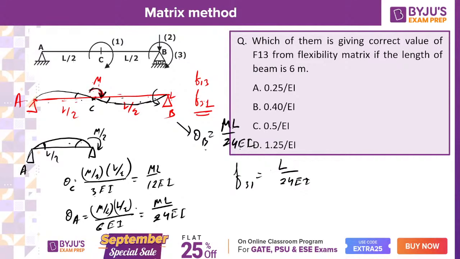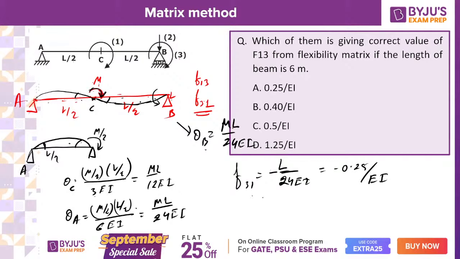Minus is already there, because the coordinate direction is given clockwise and you are getting the anti-clockwise rotation here. If L is 6, 1 by 4, it will become minus 0.25 by EI.